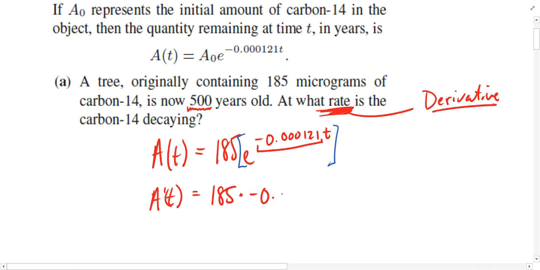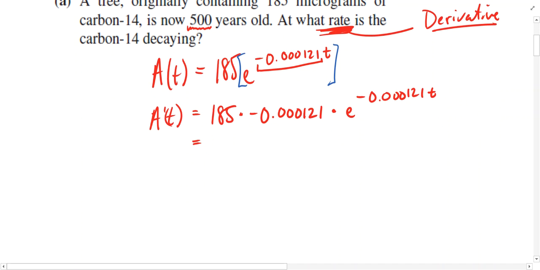So we'll write negative 0.000121 times e to that same power, negative 0.000121 times t. Now we can clean this up a little bit, so I will go ahead and multiply. And we have A prime of t at negative 0.022385 e to this power.